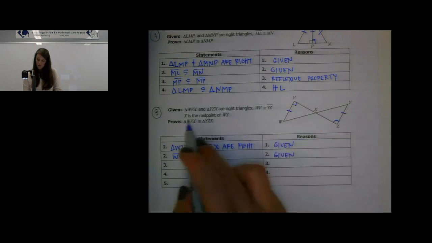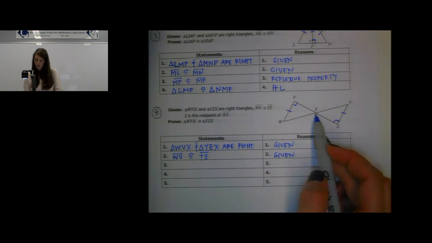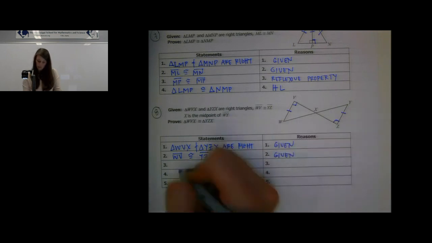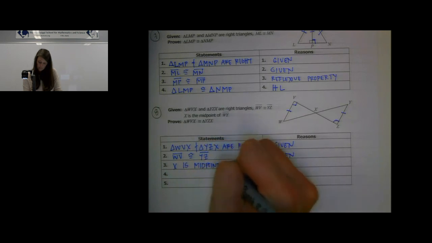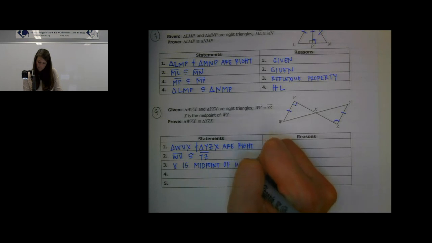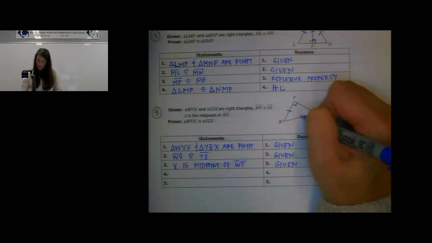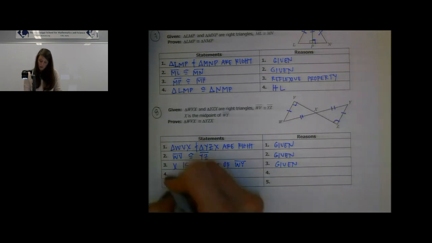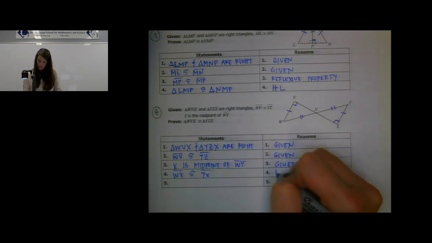Also, X is the midpoint of WY. If it's the midpoint, then these two sides are going to be congruent. So WX is congruent to YX by definition of a midpoint.